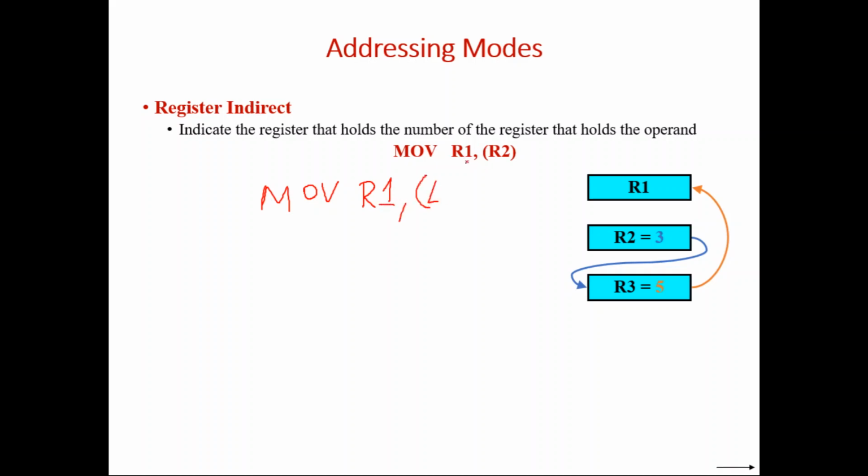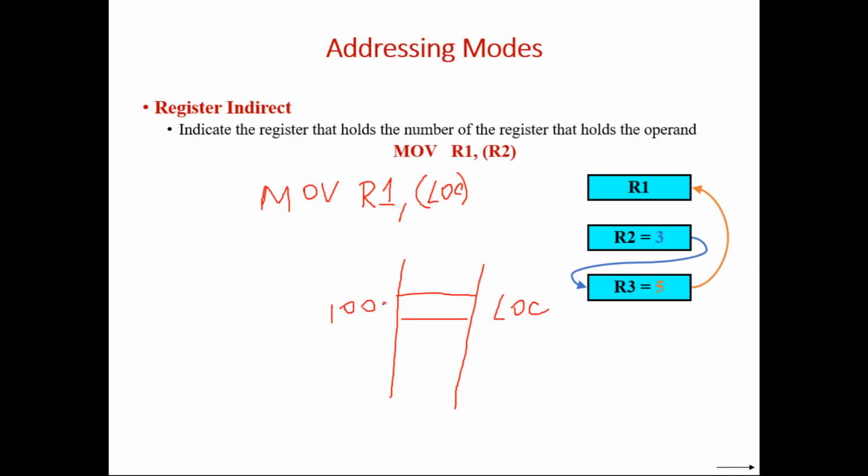So anything other than R0 to R9 will be treated as some memory locations, even if you give A, B, C, all those things, right? So say LOC, right? Now let us assume that LOC is some address in the memory. Say the address of LOC, let us assume it is 1000.